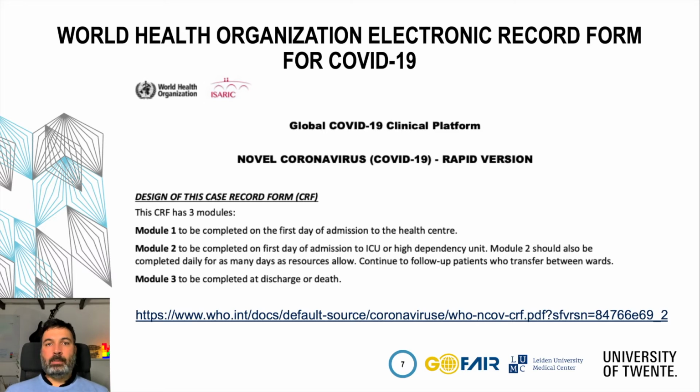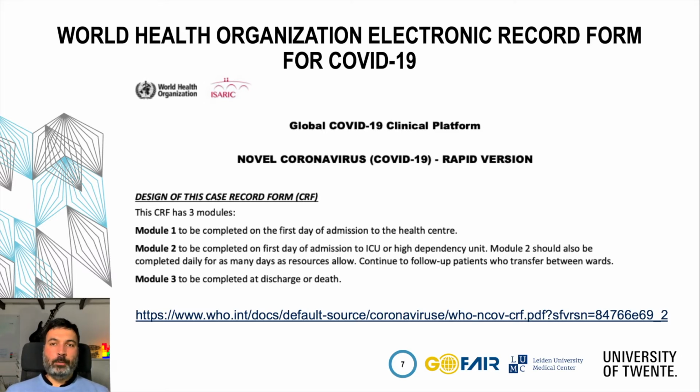As I said, it's based on the WHO COVID-19 CRF, the rapid version, and this CRF is a questionnaire composed of 3 modules. One should be filled at the time of someone's admission at the care facility. It's called the admission form.